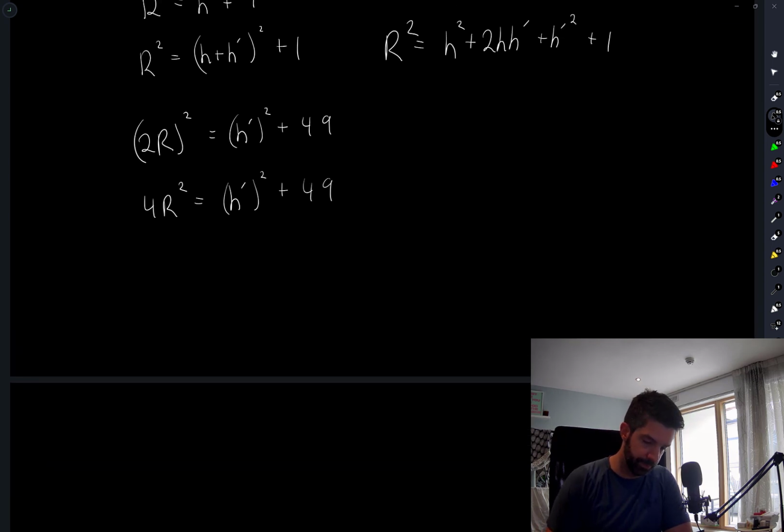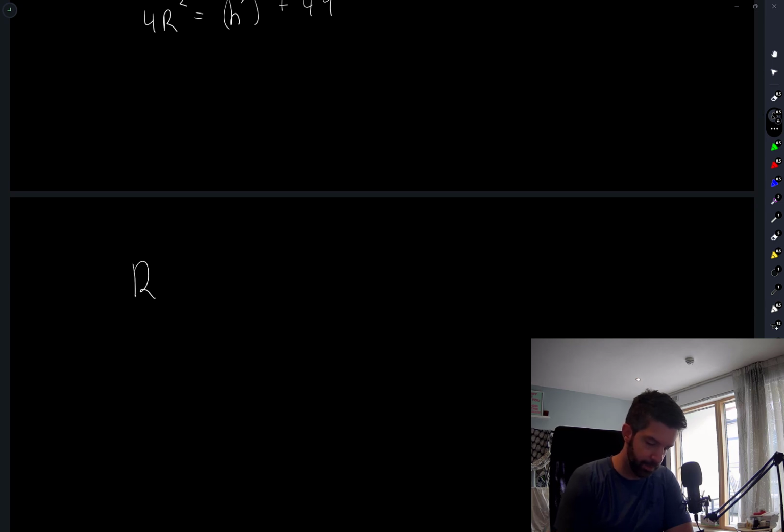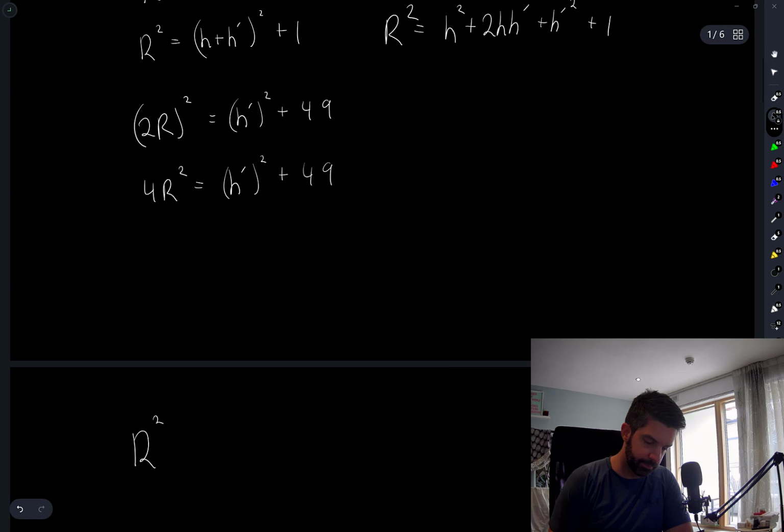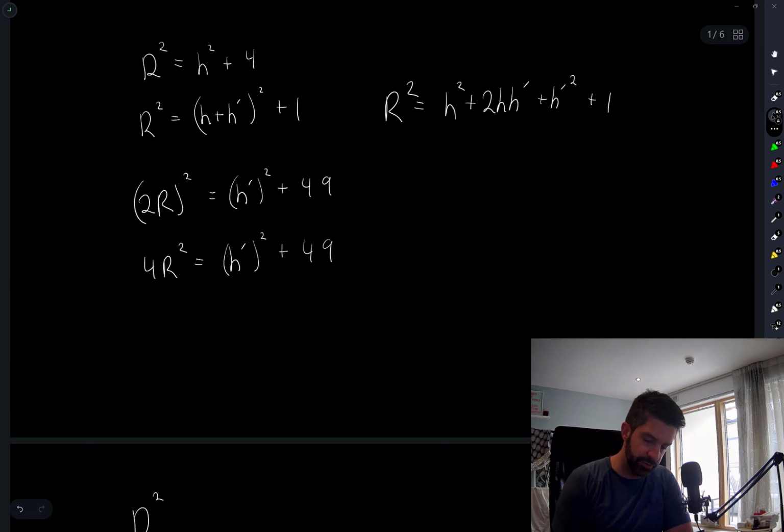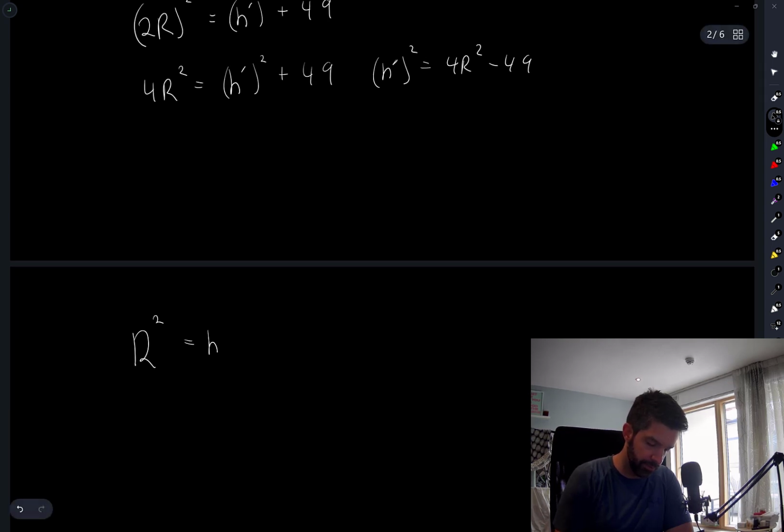Well, what if I rearrange that? Okay, I'm going to substitute for h squared and h prime squared using this equation and this equation. So h squared is equal to r squared minus 4, and h prime squared is equal to 4r squared minus 49. So here r squared is equal to h squared plus 2h h prime plus h prime squared plus 1.